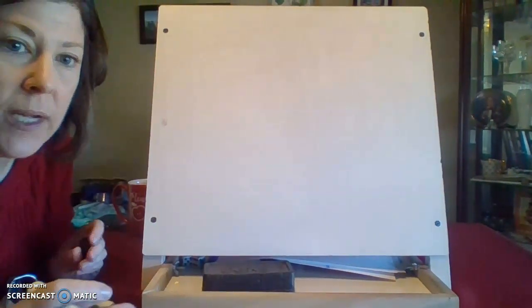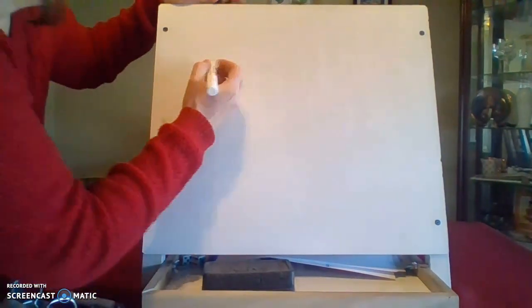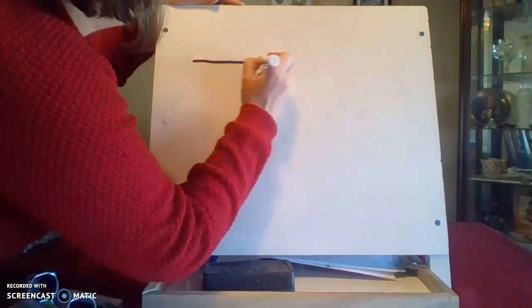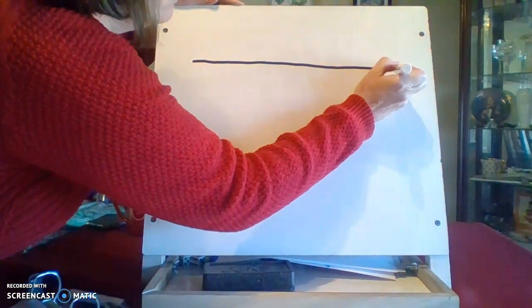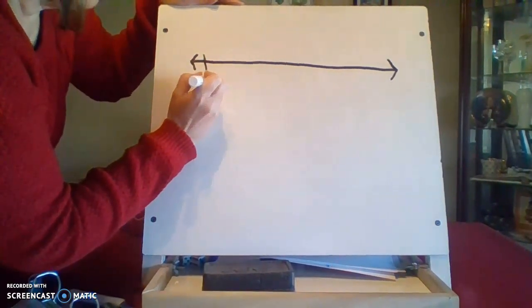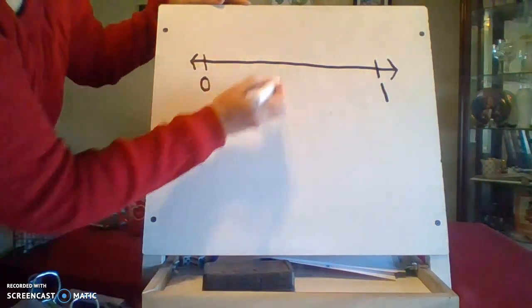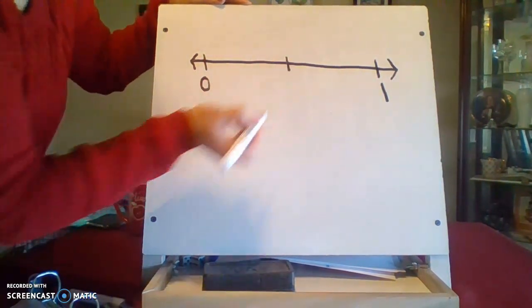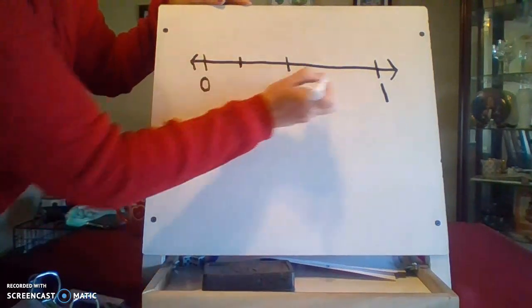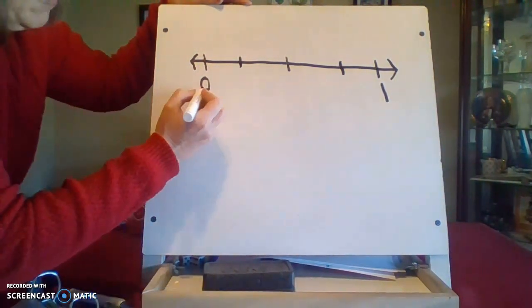This time, I want to start with a number line that's already cut into fourths. 0 on one end, I have 1, cut it in half, and then cut these pieces in half again. So now I have my 0.